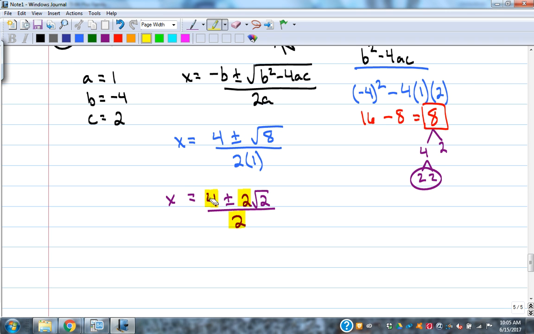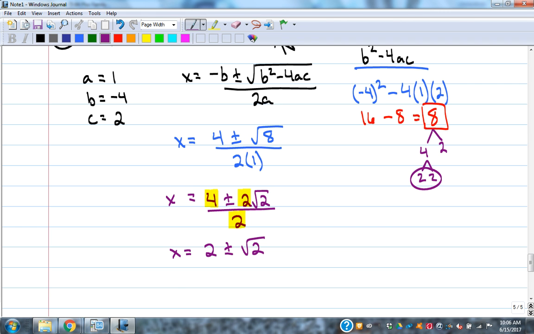Only the numbers on the outside can be done that way. So 4, 2, and 2 are all divisible by 2. So I'm going to divide them all by 2. It's going to give me 2 plus or minus 1 square root of 2. And then on the bottom, 2 divided by 2 is 1. So I don't even have to write over 1 because that doesn't help us any.